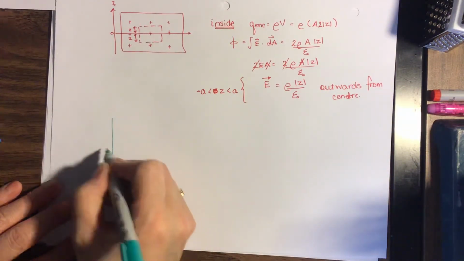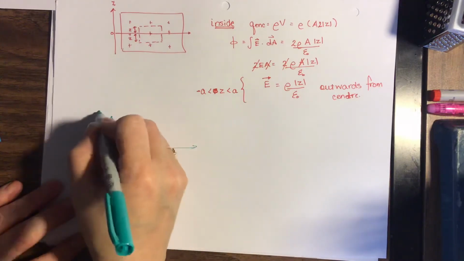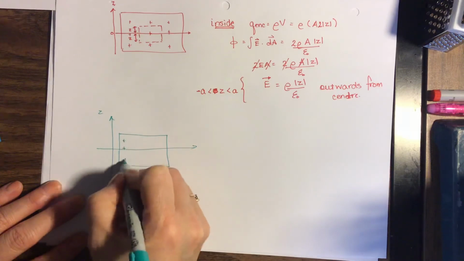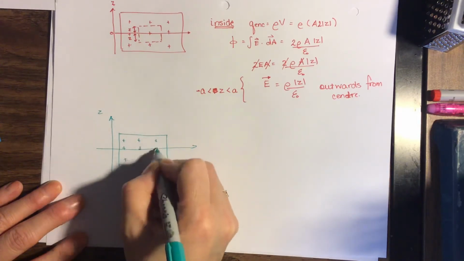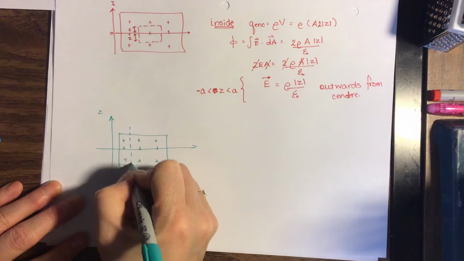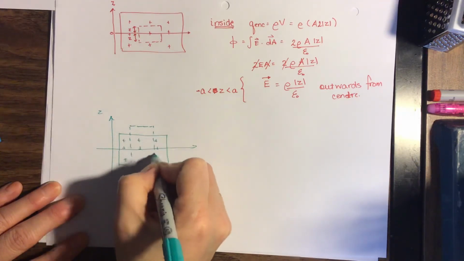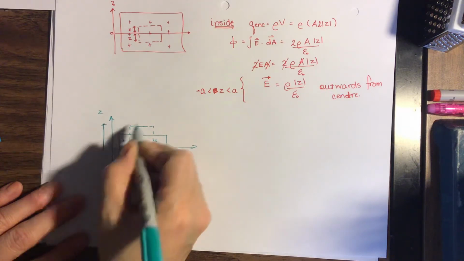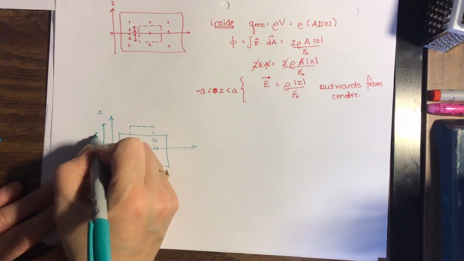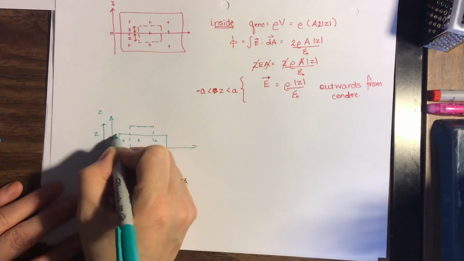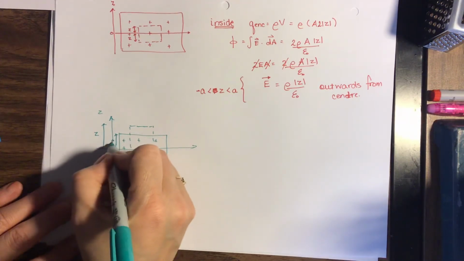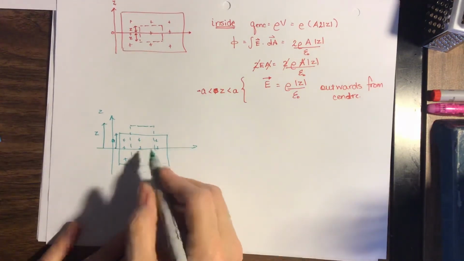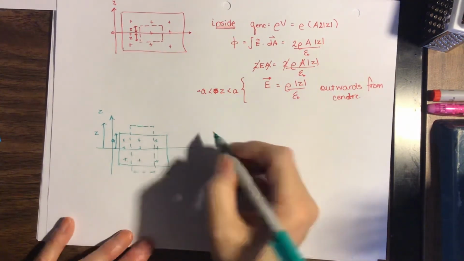So I'll redraw my picture again. There's my axis, here's my block. There's my charges, and here's my Gaussian surface. Let's be really careful with notation. The distance from the center to the top of my Gaussian surface, that's Z. The distance from my center to the top of my block of charge, that's A. We have to be careful here because when we find the Q enclosed, there's only charge on the block.